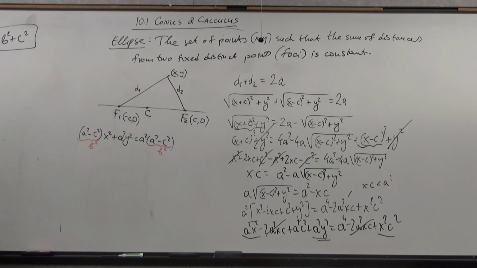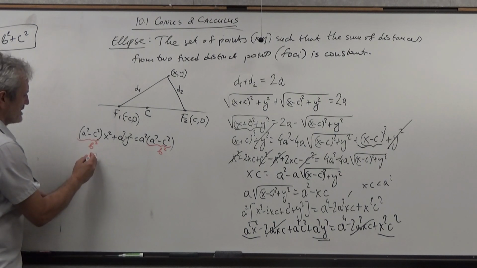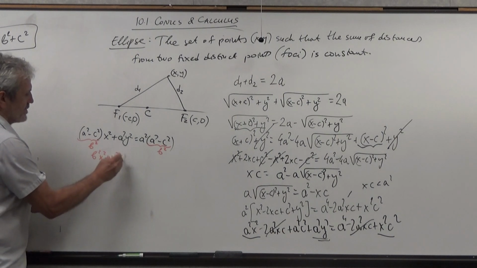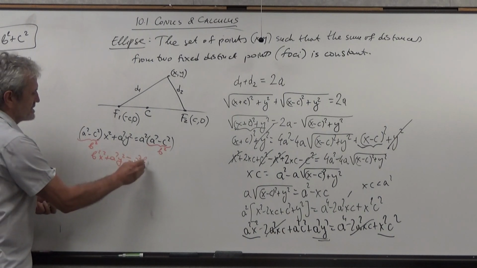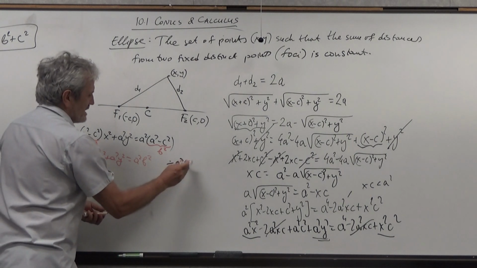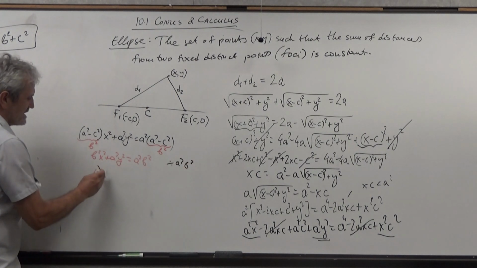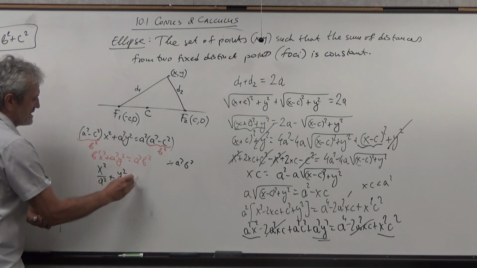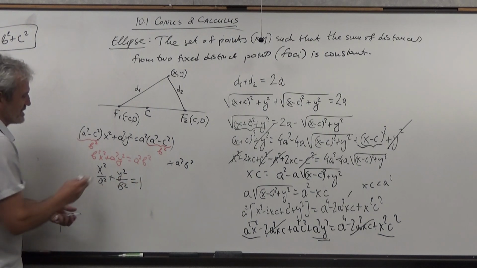And with that, we have b squared x squared plus a squared y squared equals a squared b squared. If you divide by a squared b squared, you get x squared over a squared plus y squared over b squared equals 1. And that's the equation to memorize.